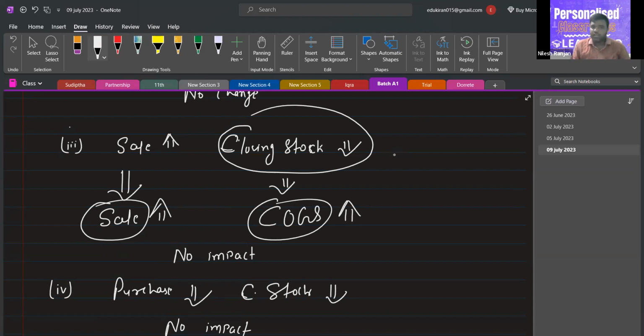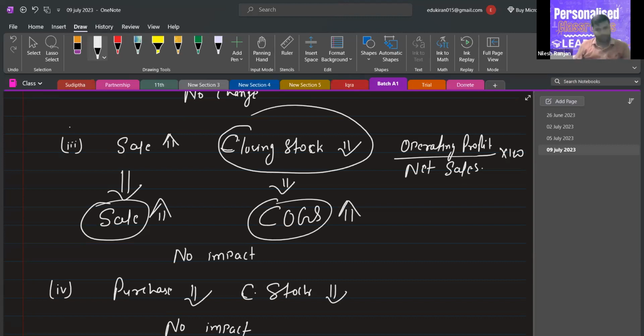So the formula is operating profit divided by net sales, into 100. Yes, sir. Now in this portion, the operating profit ratio of Star Limited is 20%.